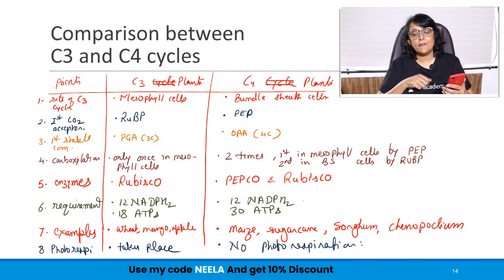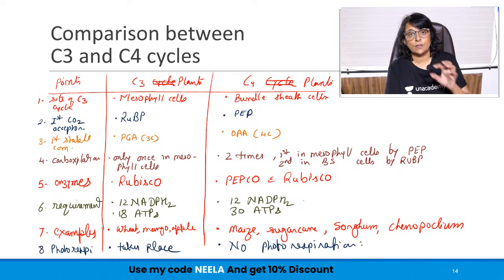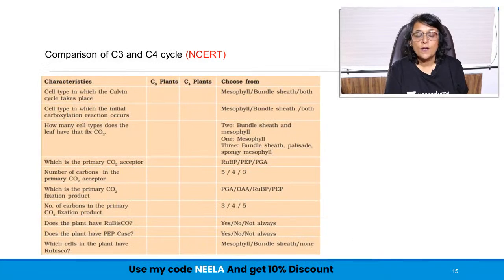Now if you have read NCERT, in NCERT also there is a tabular thing which is given, where we are asked to fill the blanks on the basis of the plants, and they have made it very easy for us. Like they have given the options from where we have to choose.